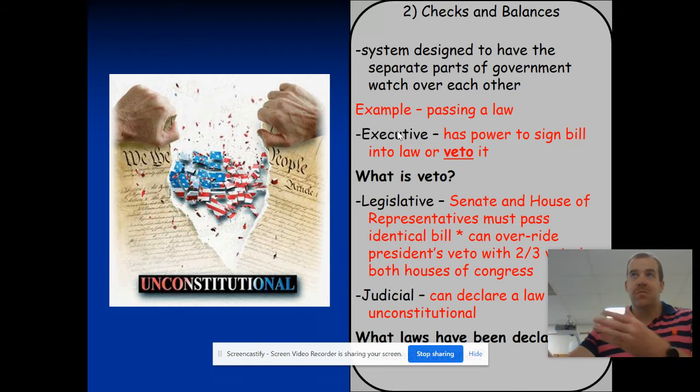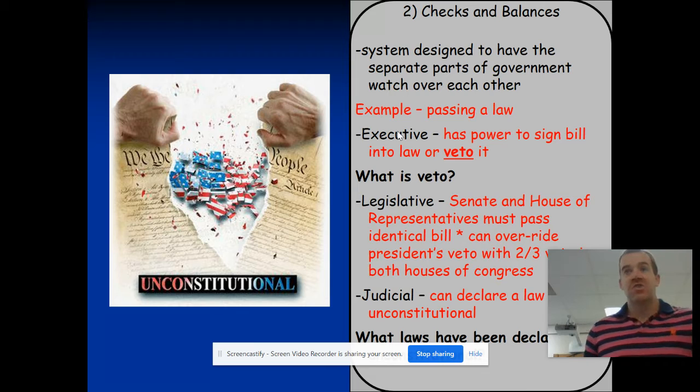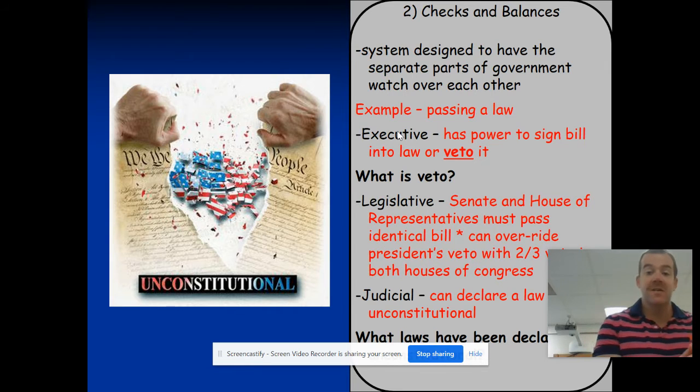I'm going to explain the branches in a little bit, but one branch will check the power of another branch. For example, a law or a bill is made by the legislative branch, by Congress.